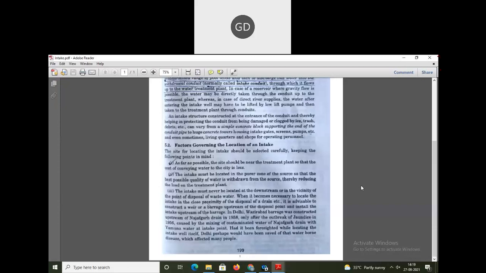If the water remains clean, the load on the treatment plant will be less, and there will be no extreme work for treatment. That is your second point.